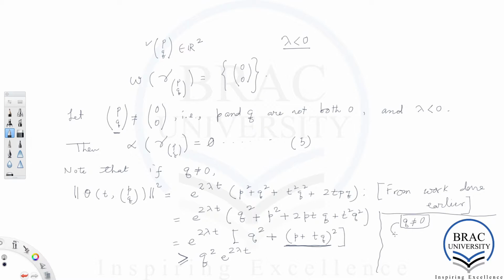One, Q is not equal to 0, p is also not equal to 0, and the second subcase is q is not equal to 0 and p is equal to 0, right? Because we want this vector pq to be not equal to the 0 vector. So there are two subcases to be considered.